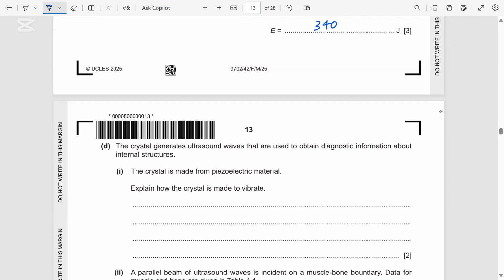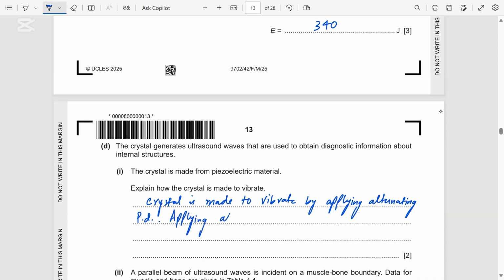What happens is that the crystal is made to vibrate by applying alternating potential difference, i.e. applying alternating potential difference across the crystal causes it to distort.